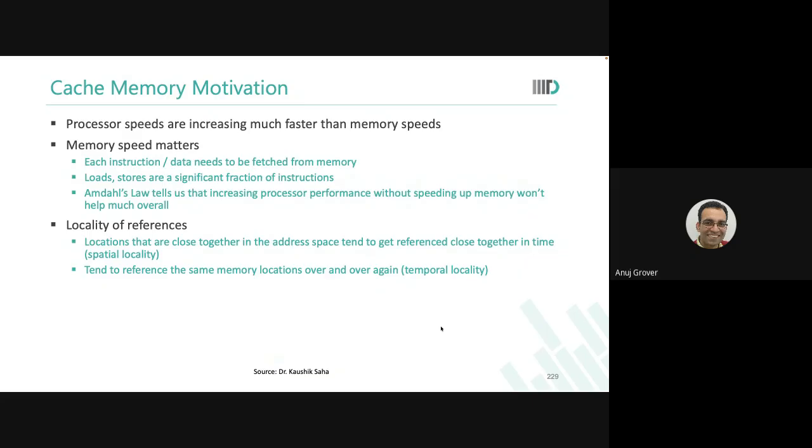So what is important to understand is that when I am talking about cache hierarchy, my L1 cache need not be as large as the L2 cache, which need not be as large as the L3 cache or the main memory.